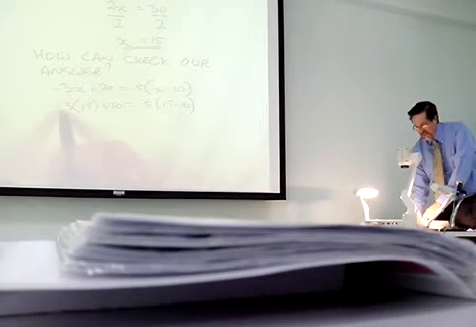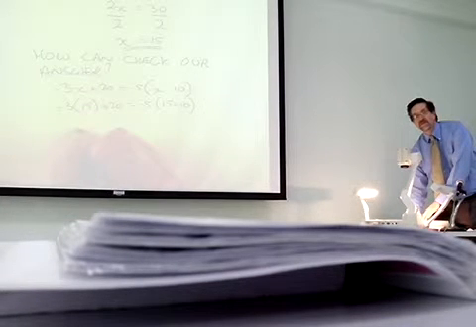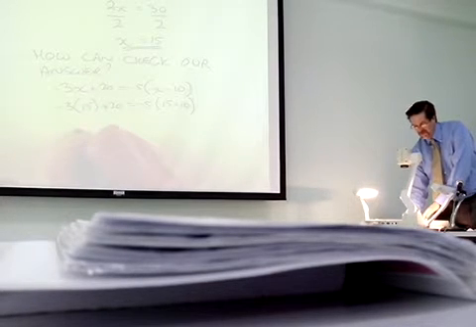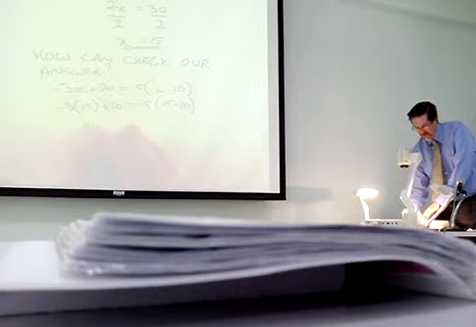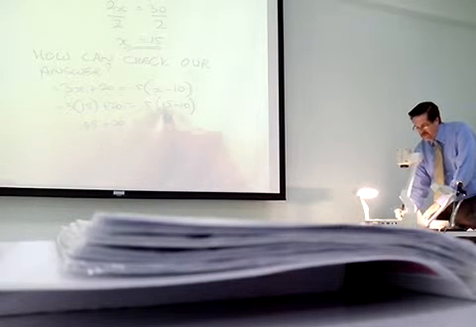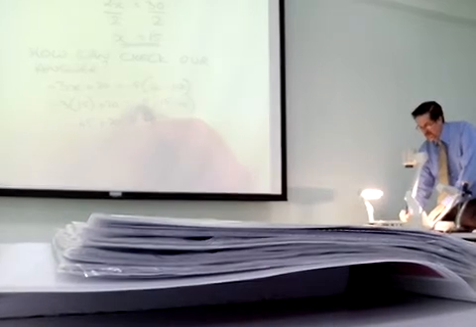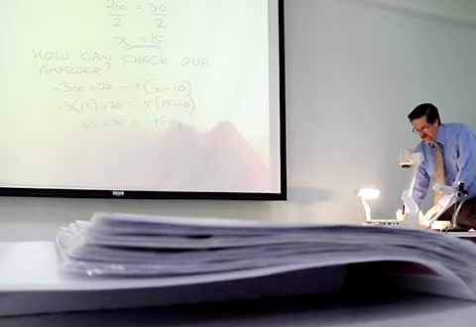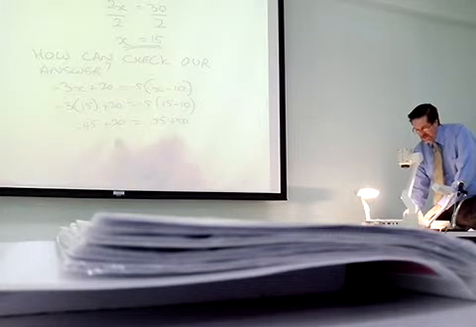So negative 3 times 15 is negative 45, plus 20. So negative 5 times 15 is negative 75. Negative 5 times negative 10 is plus 50. So negative 45 plus 20 is?